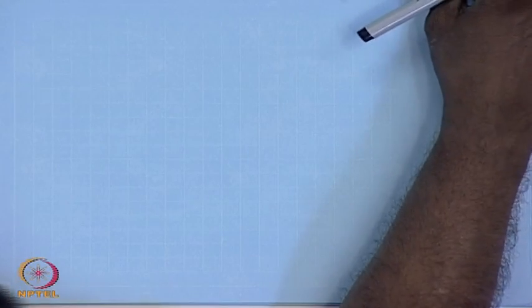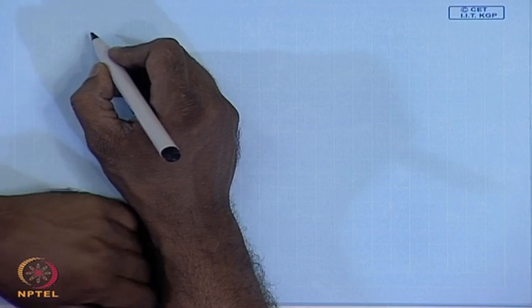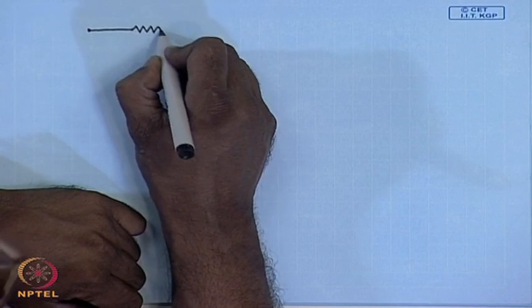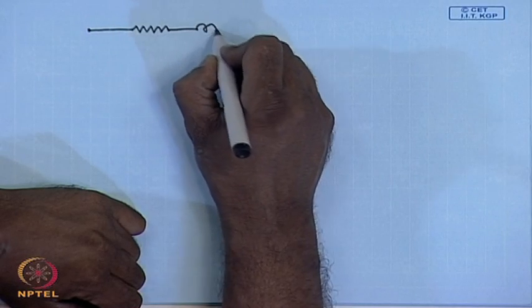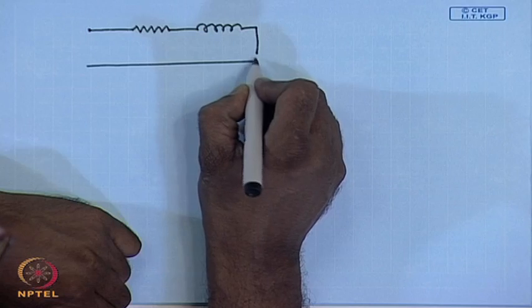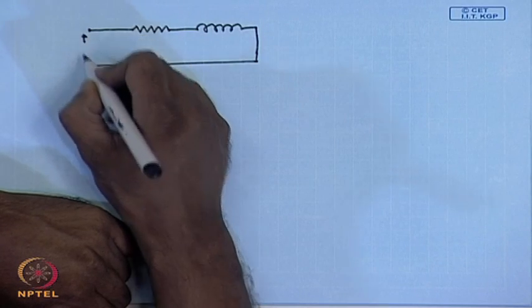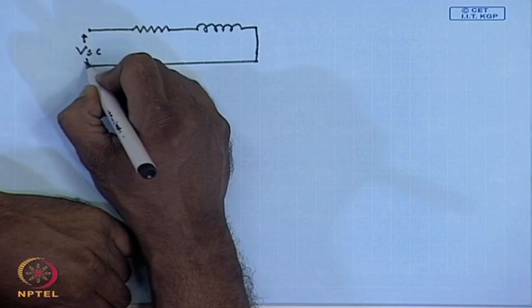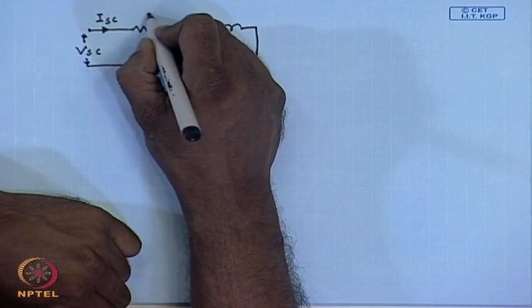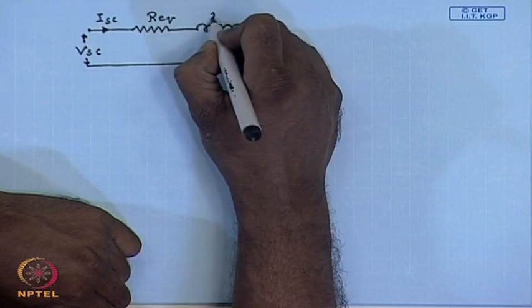Let us now shift our attention to the series parameters. In the short circuit test, we can neglect the shunt branch. So, the equivalent circuit is somewhat like this. The applied voltage is VSC, the current is ISC, this resistance is Req, this is jXeq.